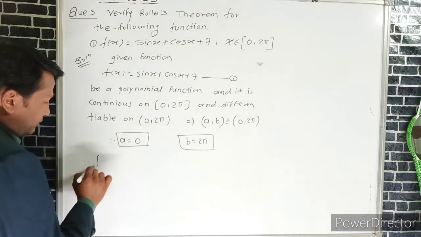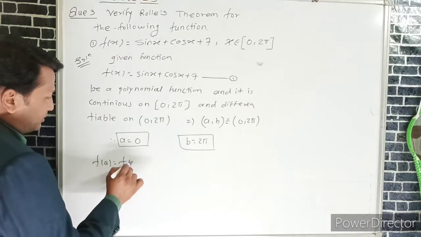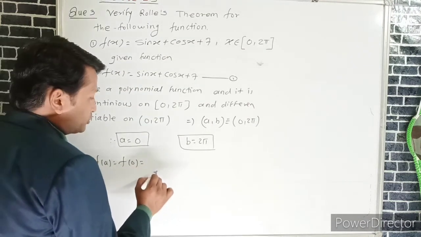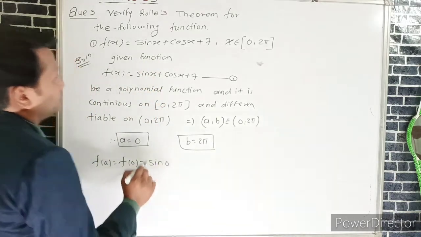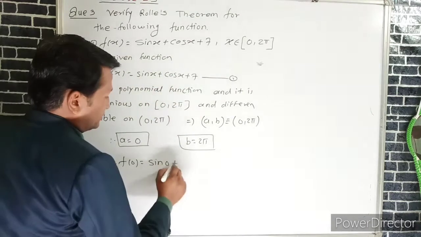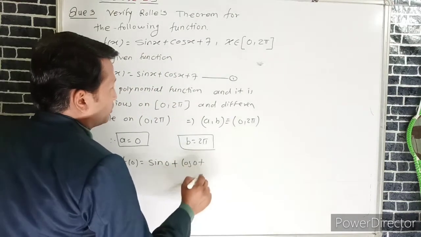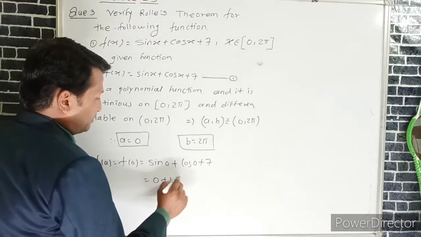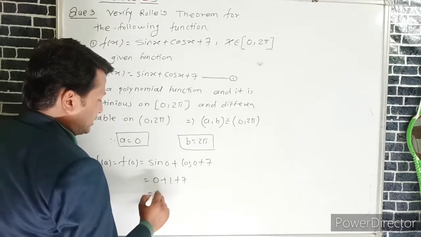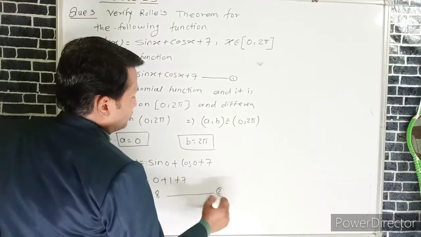So the value of f(a), that means f(0), is equal to sin 0 + cos 0 + 7. The value of sin 0 is 0, plus 1 plus 7, which is 8, equation number 2.